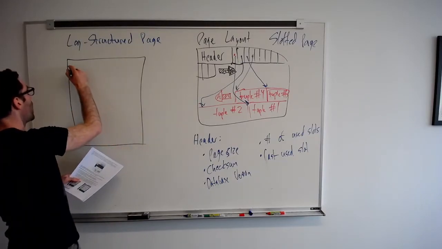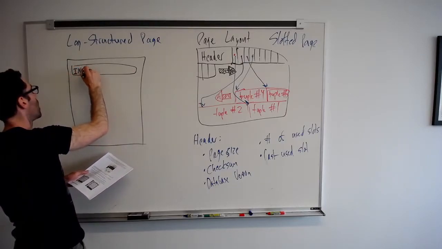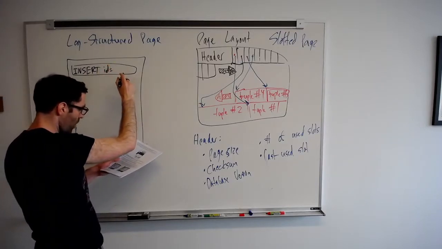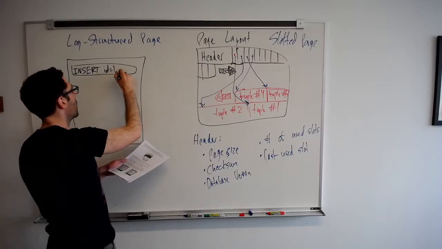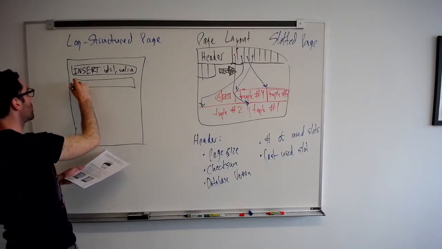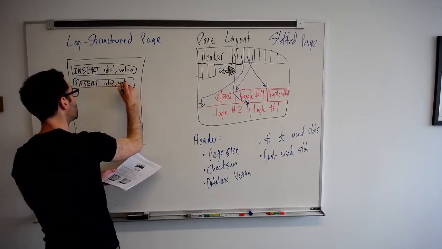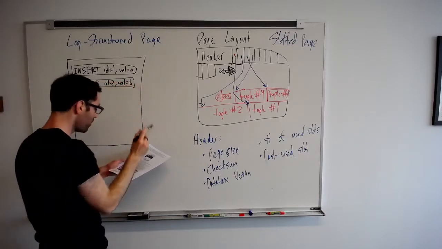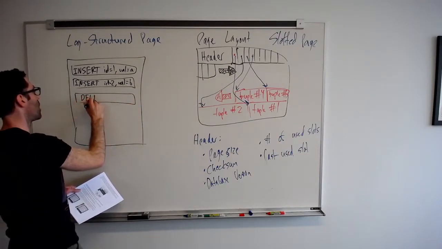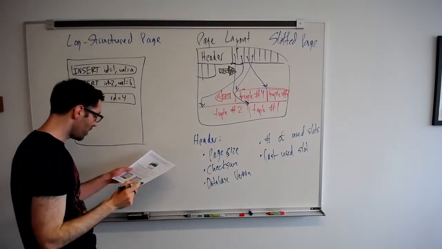And so we might have an entry like insert a record where ID is 1 and val is A, and then another log entry where we inserted another tuple, ID is 2, val is B, and then maybe we are deleting some tuple that we inserted earlier where ID was 4.